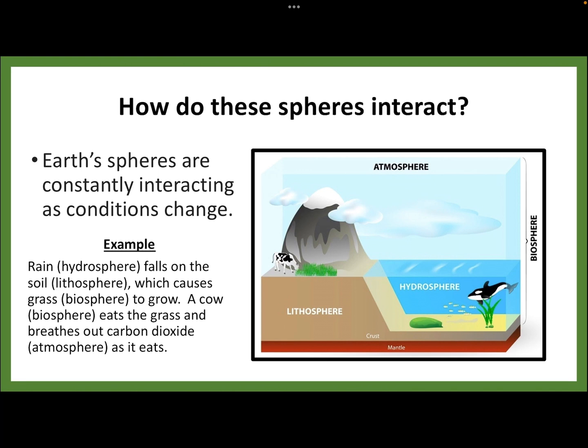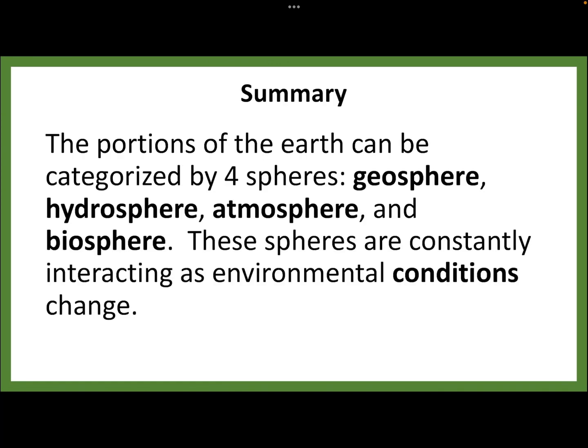They put that CO2 into the atmosphere. So these spheres are constantly interacting. In summary, the 4 portions of the Earth are grouped by geosphere, hydrosphere, atmosphere, and biosphere, and all of these spheres constantly interact.